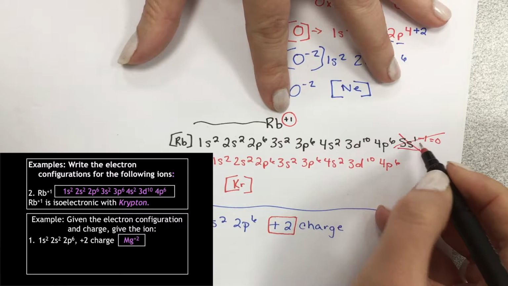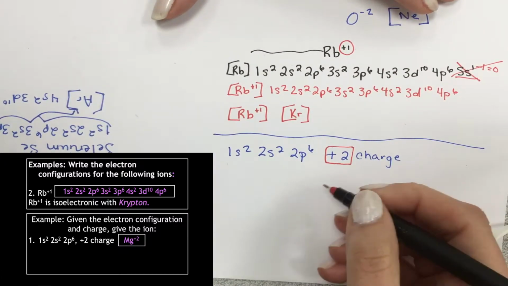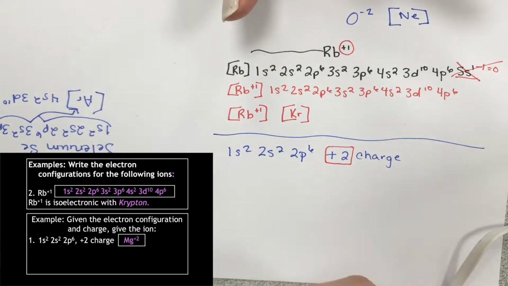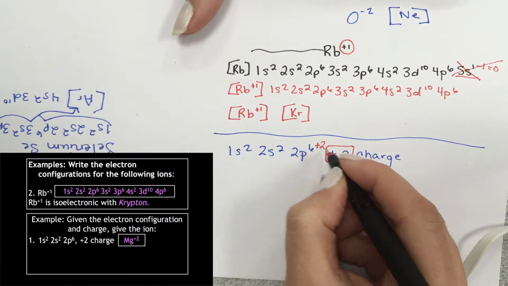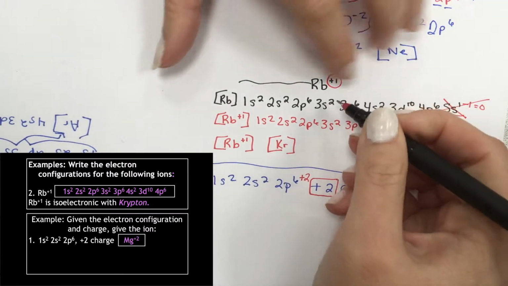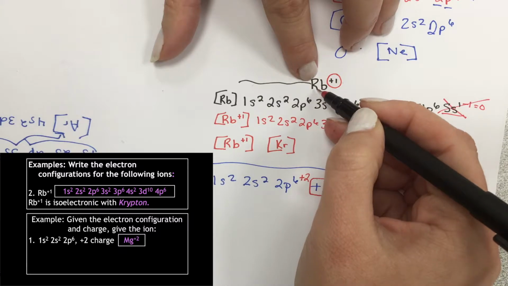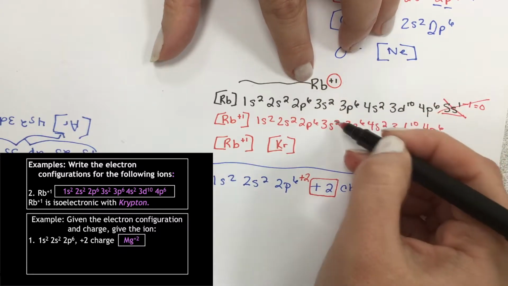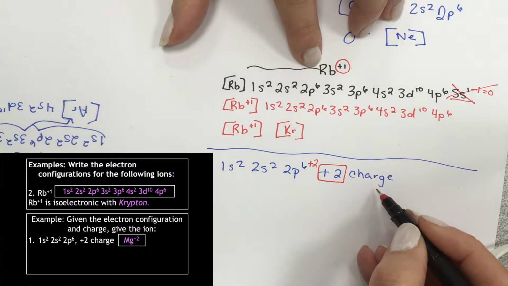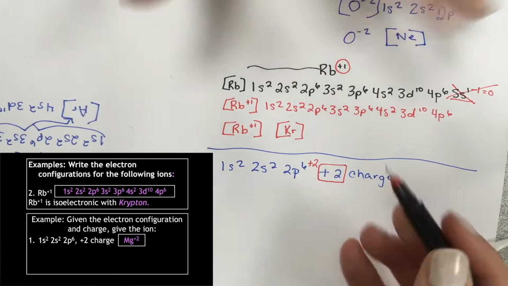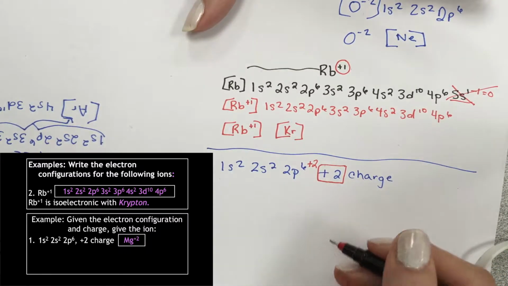But we're working backwards now. This tends to confuse the kids, but you can just add 2 here, because we are working backwards now. We are not given the ion and doing the electron configuration. We are actually given the electron configuration, and we have to decide what the ion is. So we're backwards, so you actually keep the sign if you're trying to figure out the ion.